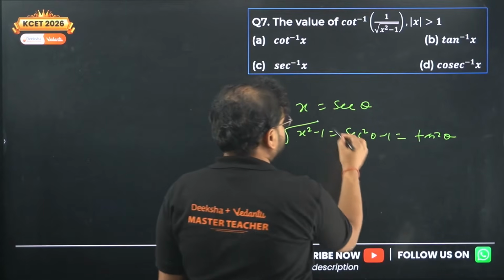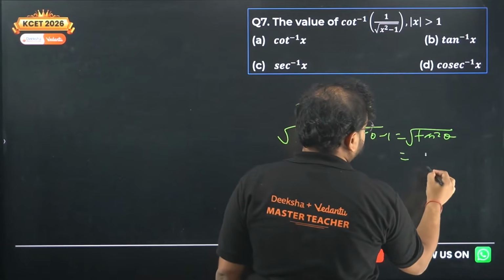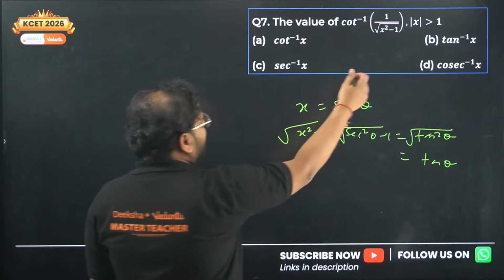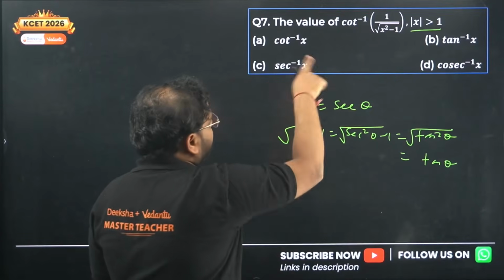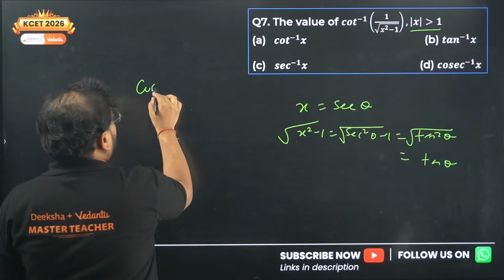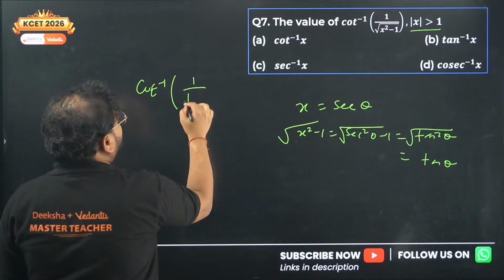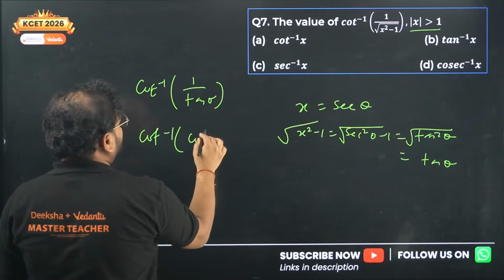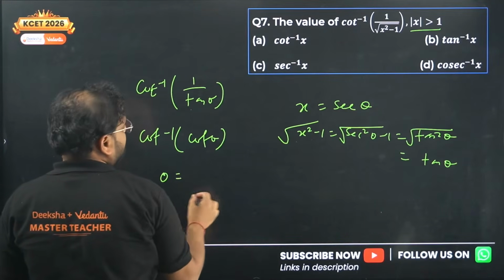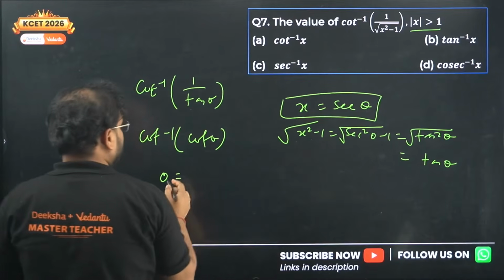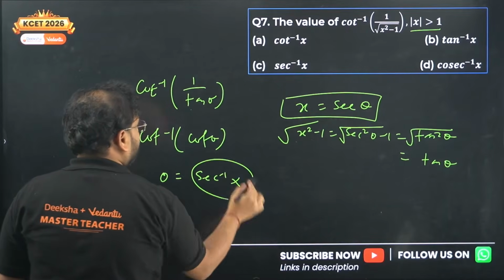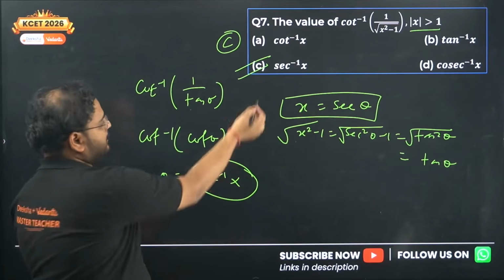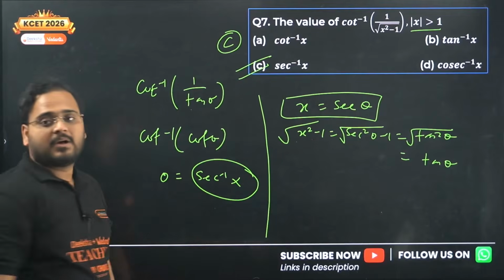Apply root to this and the answer is tan theta, because we are looking only for positive values, or more than 1. Cot inverse of 1 upon tan theta will become cot inverse of cot theta. Answer is theta. X is sec theta means theta is sec inverse of x. Option C. Clear?